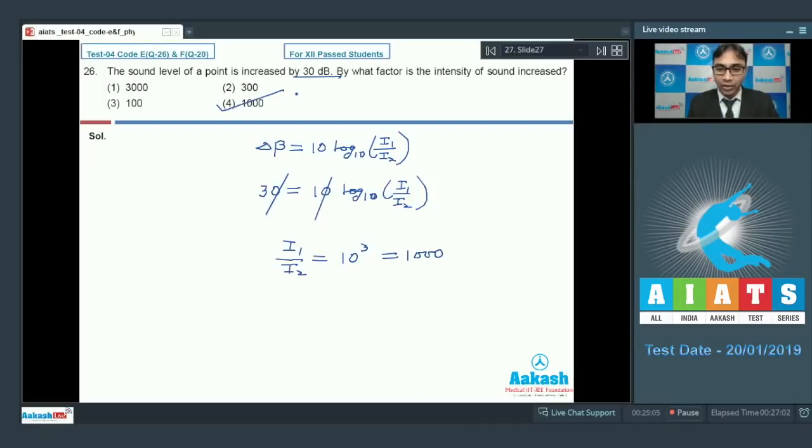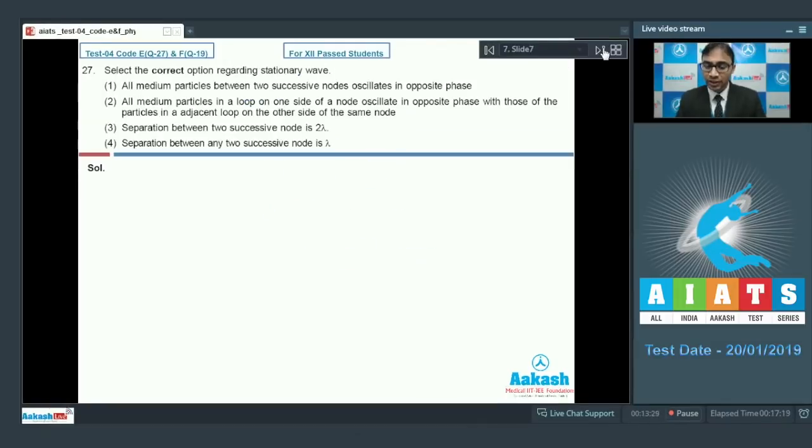Let's move to question number 27. In question 27, it says select the correct option regarding stationary wave. So we know that in a stationary wave there will be nodes and antinodes. Let's say this is a node, and in between there is one more node. So how does the stationary wave move? If all these particles are moving upward, then all these particles will be moving downward.